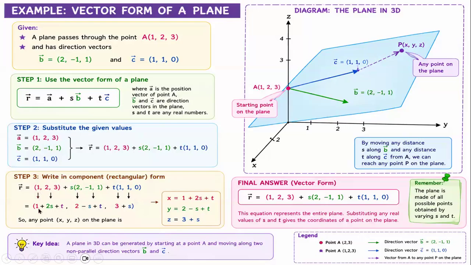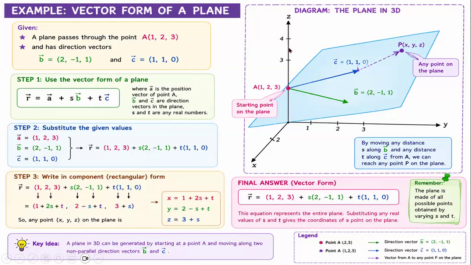So X is equal to, the first one, which is A, 1 plus 2S plus T. Then Y is equal to 2 minus S plus T, and Z is equal to 3 plus S. So any point X, Y, Z on the plane is X = 1 + 2S + T, Y = 2 - S + T, and Z = 3 + S.